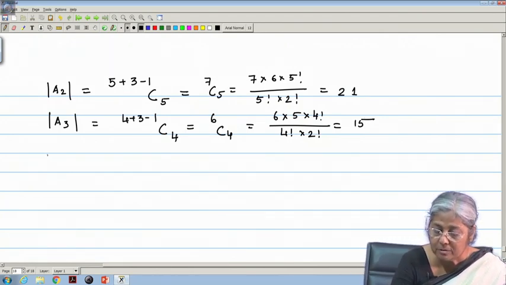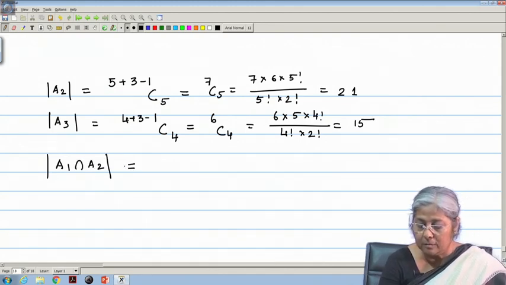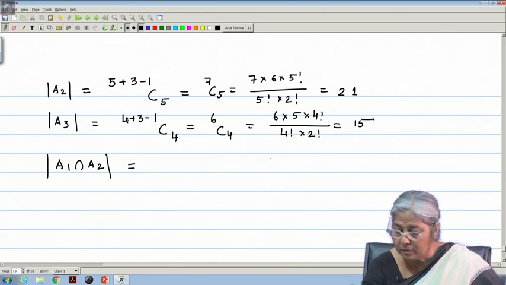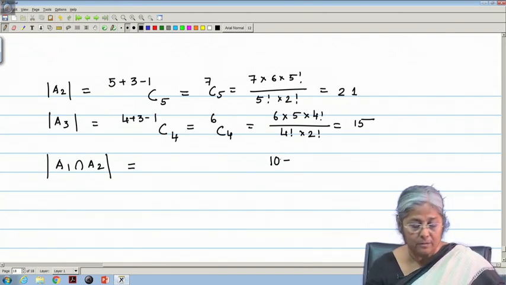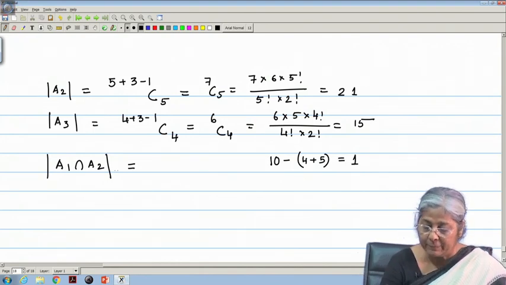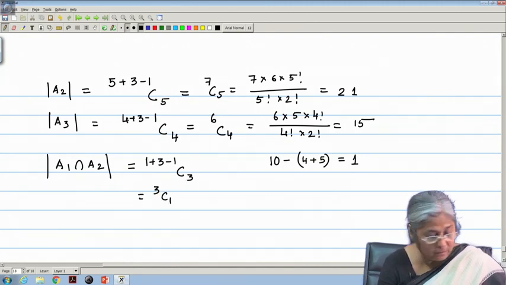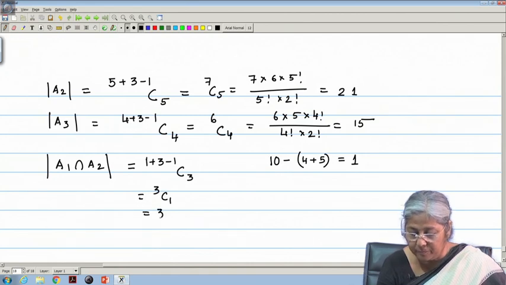Now, the two combinations: I can get A1, A2 if I take them together. So, this becomes 10 minus 4 plus 5, because for A it is 4 and for B it is 5. So, this becomes 1. So, I have 1 plus 3 minus 1 C3, which is 3 C1, equal to 3.